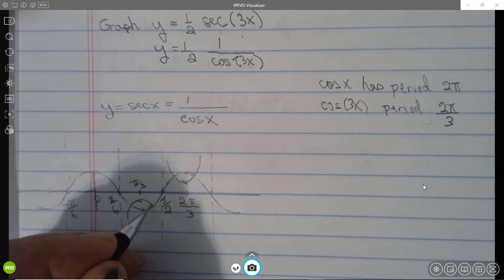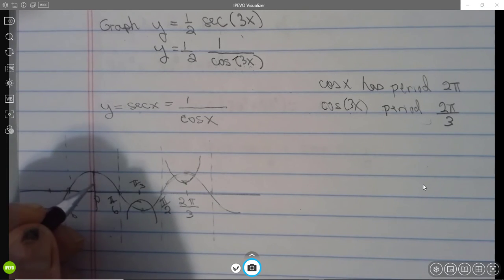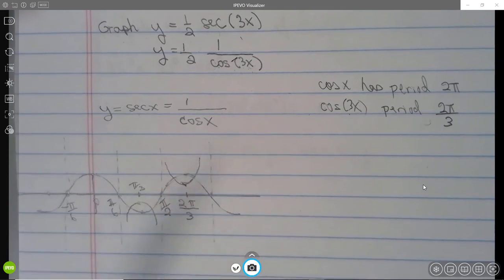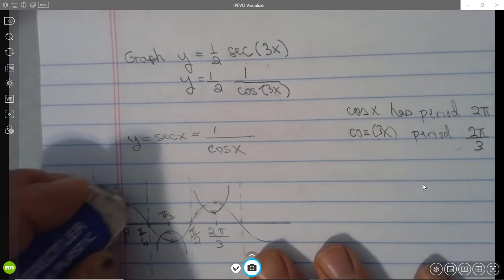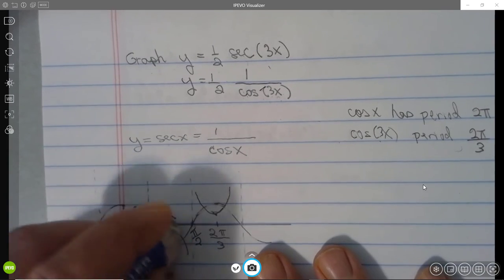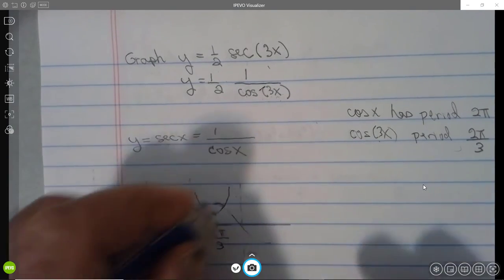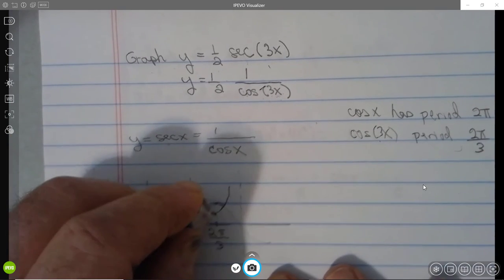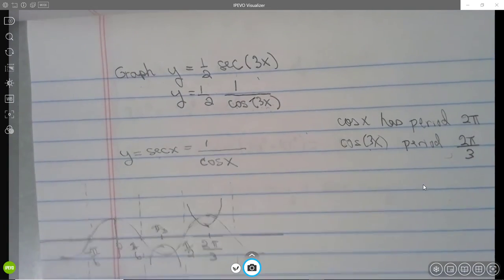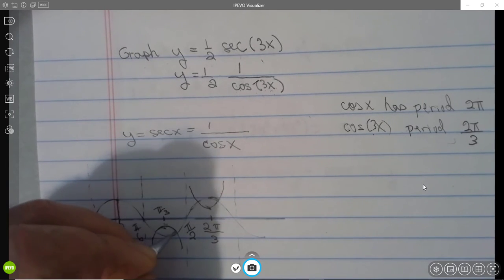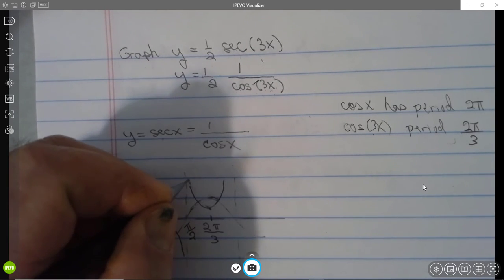These U-shaped pieces are the secant function, not this snake-shaped thing here. So let me just lighten that up a little bit. I try not to obliterate it entirely, because it's kind of a helpful guide to drawing. But it's these U-shaped pieces that are our secant graph.